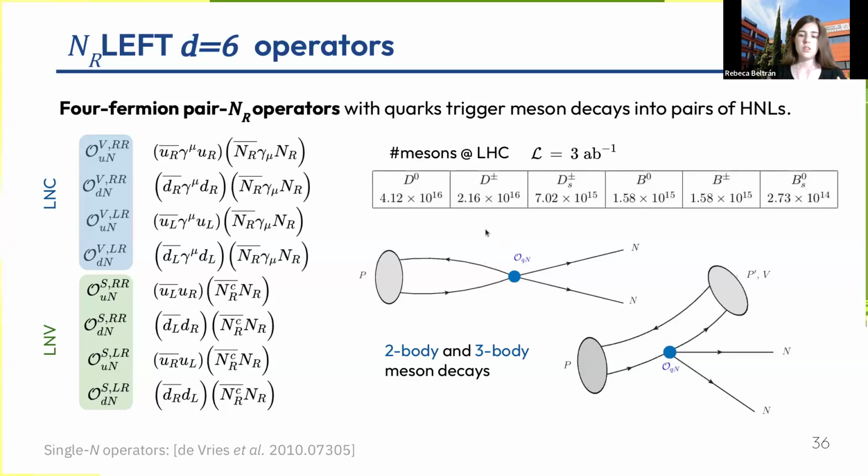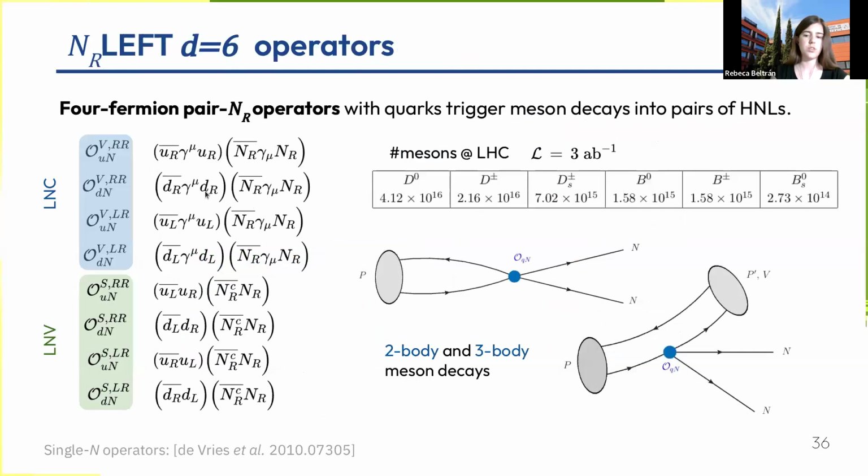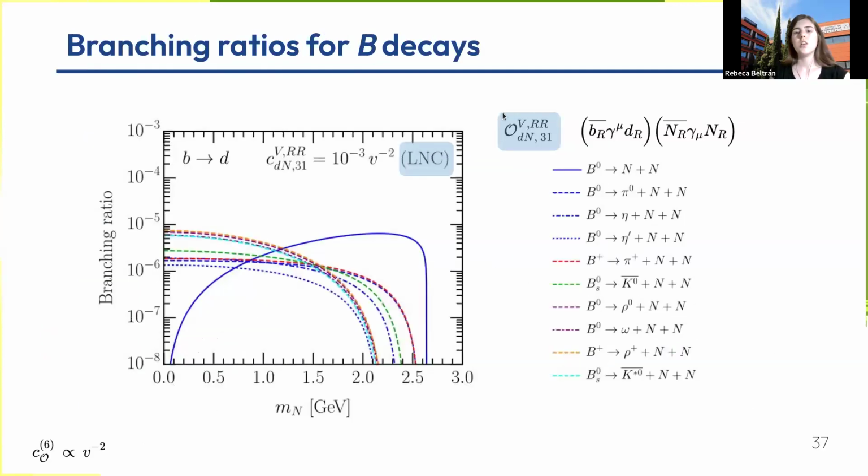So what we did was first to compute the branching ratio of these rare meson decays, which can be triggered by these different operators. In this case, we have selected this one, and this flavor index combination.